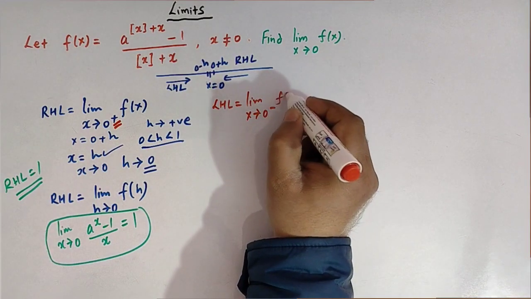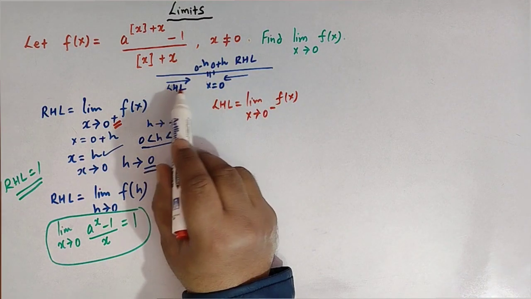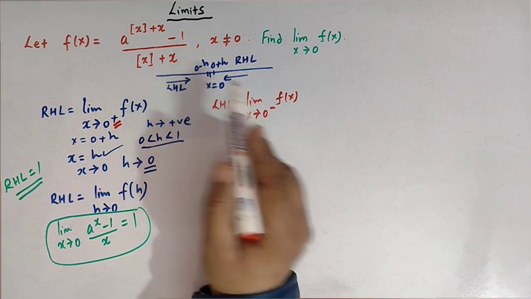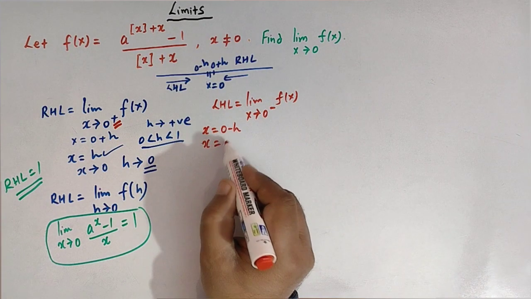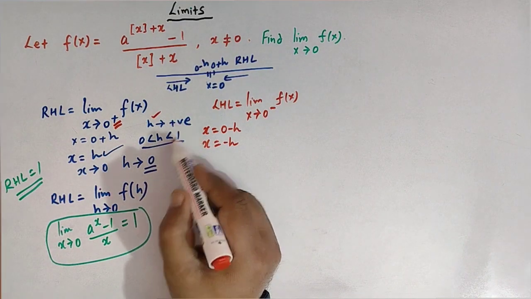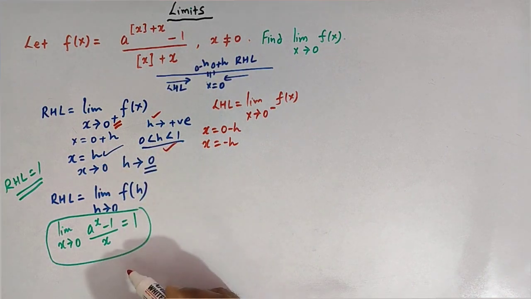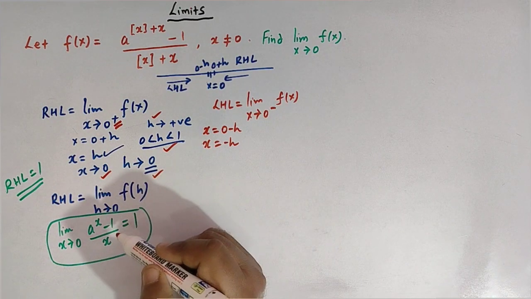So here we have f of x. So now when we approach from the left of x is equal to 0, we take x is equal to 0 minus h, which is equal to minus h, and h is a positive quantity and it lies between 0 and 1, right? So when x tends to 0, obviously h tends to 0.